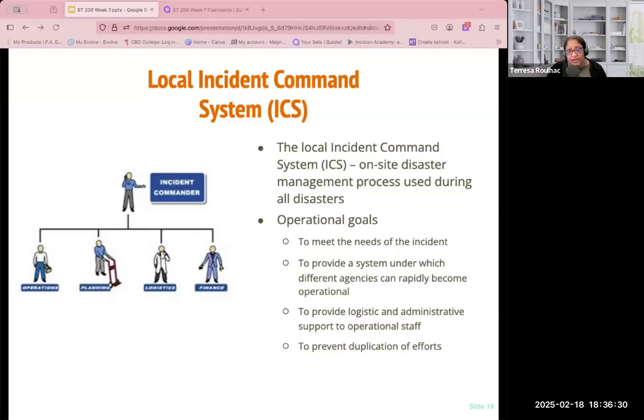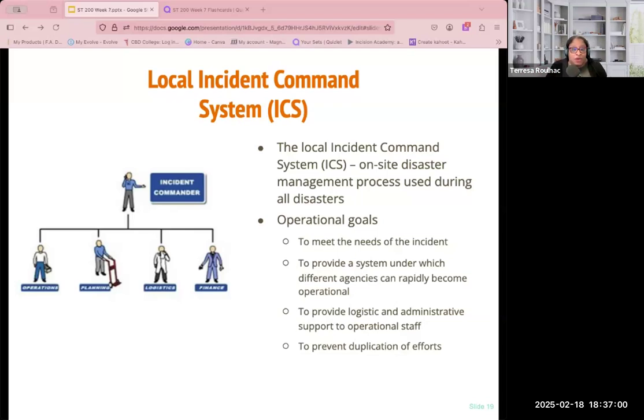Now, with so many different agencies and teams involved, ICS comes in and they ensure that tasks are clearly assigned, preventing overlapping efforts and wasted resources. Now, this is especially important in healthcare settings where surgical techs, we have to focus on our specific roles, knowing that other teams are addressing different areas of the response.